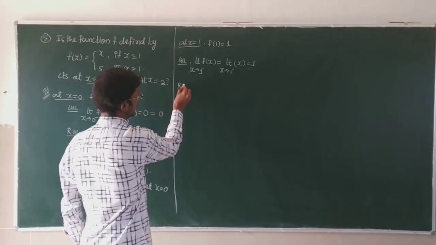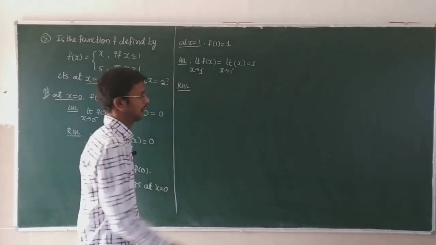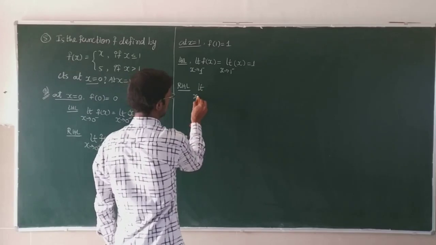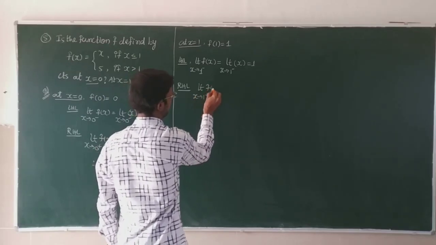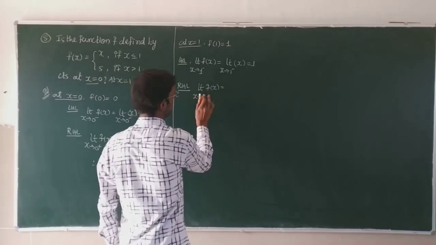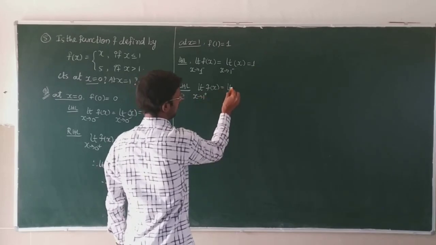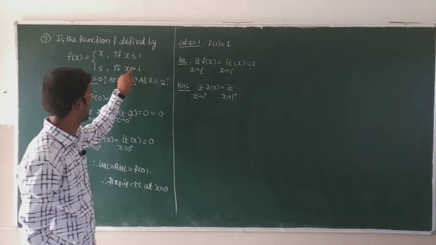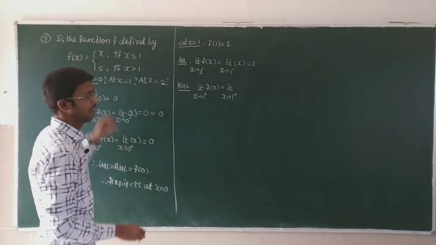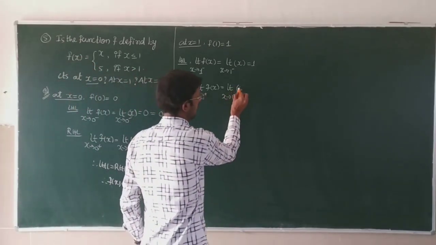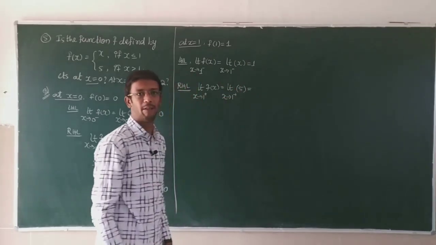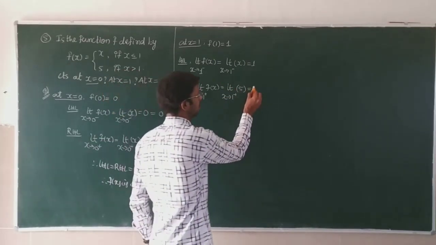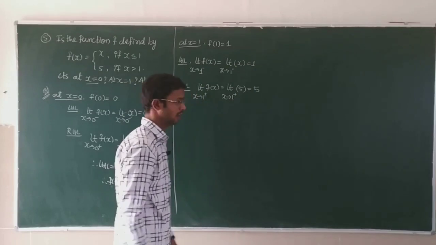Next, RHL. Limit x tends to 1 plus f of x. 1 plus is greater than 1. For greater than 1, the function value is the constant 5. The limit of a constant number is that constant number only.